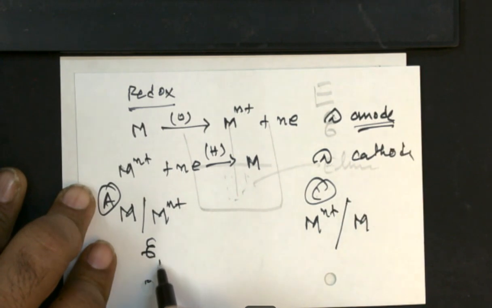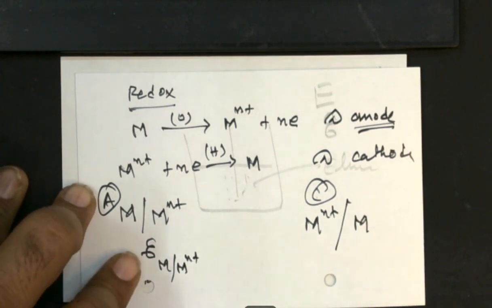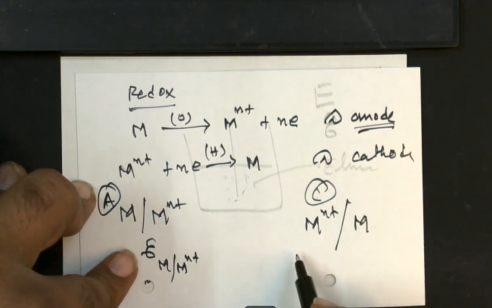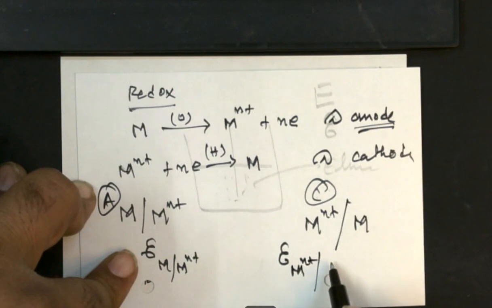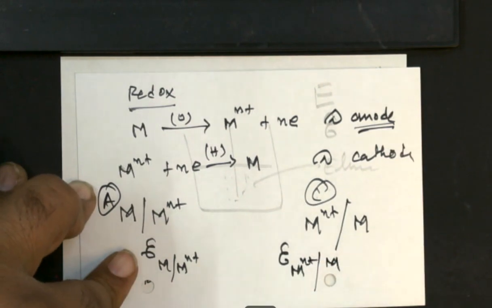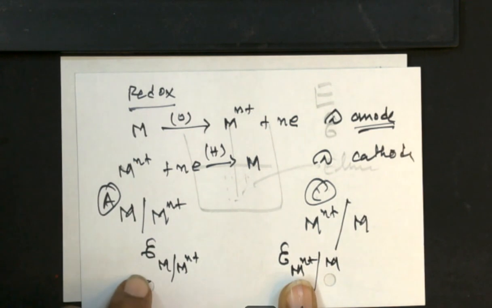And how to represent the electrodic potential? Electrodic potential can be represented in this way. E, so when I put M slash M n plus, what does it indicate? This is the anode potential. Do you understand? How to represent the cathodic potential? E and then M n plus slash M. So what is this potential? Cathodic potential. What is this potential? Anodic potential. So this is reduction potential.